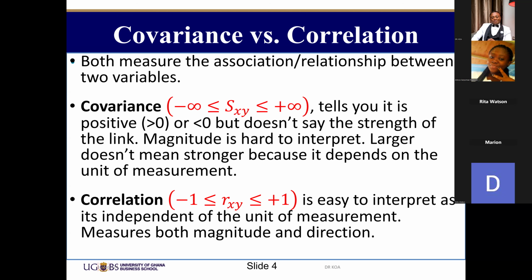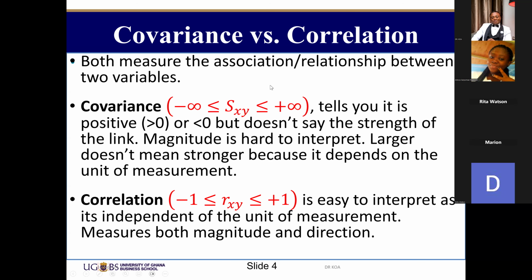The larger one doesn't mean it's stronger, because it depends on the unit of measurement. So covariance is powerful and you will calculate it, but because it depends on the unit of measurement, we don't normally use it, except when you are doing structural equations modeling, factor analysis, principal component analysis, KNN, and those things.